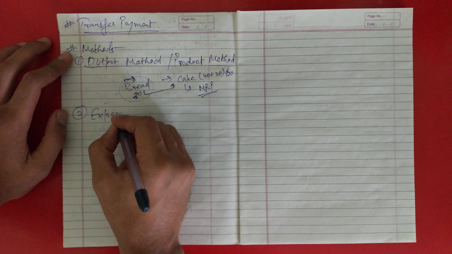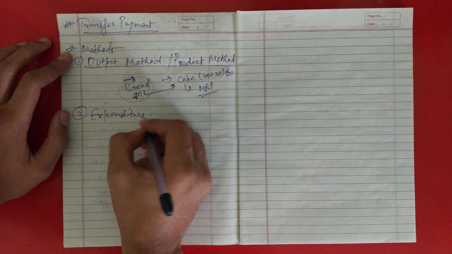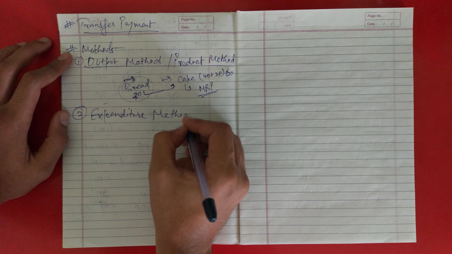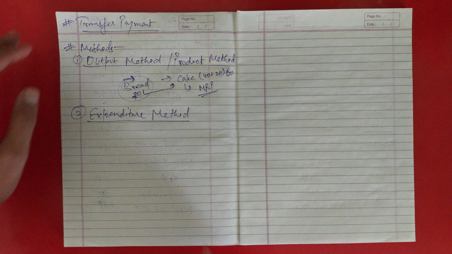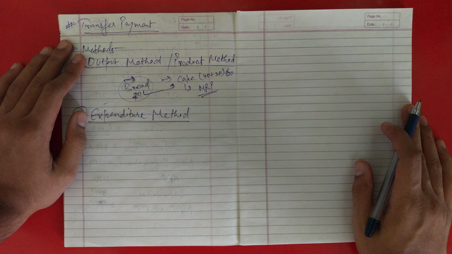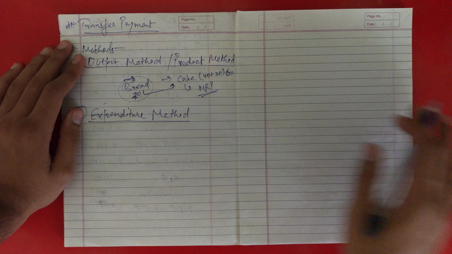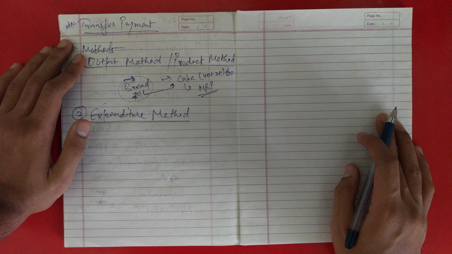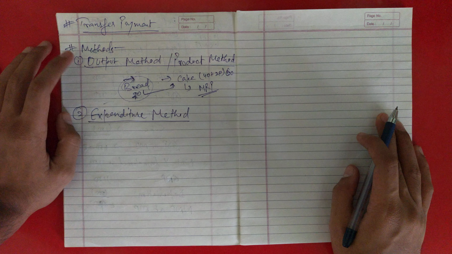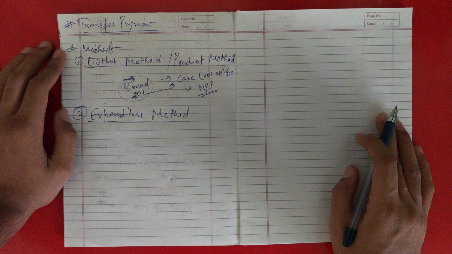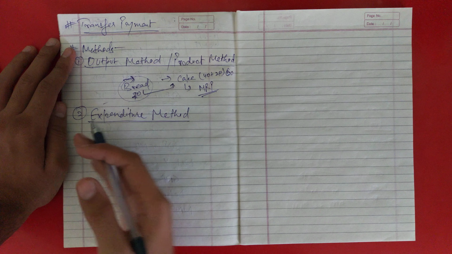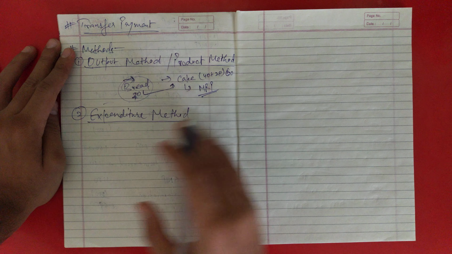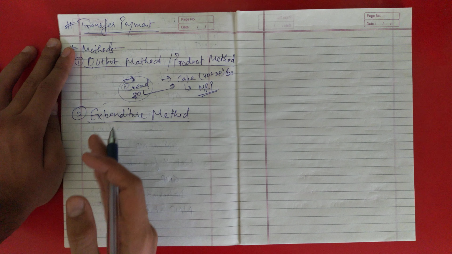Second, we will talk about the expenditure method. Now the producer has produced the output, and they have given the MRP to all their products. Now the goods will go into the market, and the consumer will start consuming them. When consumers start consuming, they incur some expenditure.